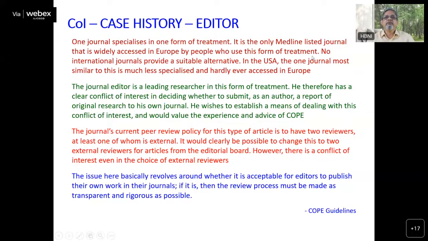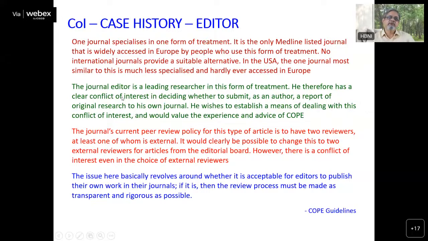And it so happens that it's the only listed journal that is widely accessed in Europe by people who use this kind of treatment in their research. And there's no other international journal which can give a suitable alternative to this journal. And in the US, the one journal most similar to this is much less specialized and not accessed or available in Europe.